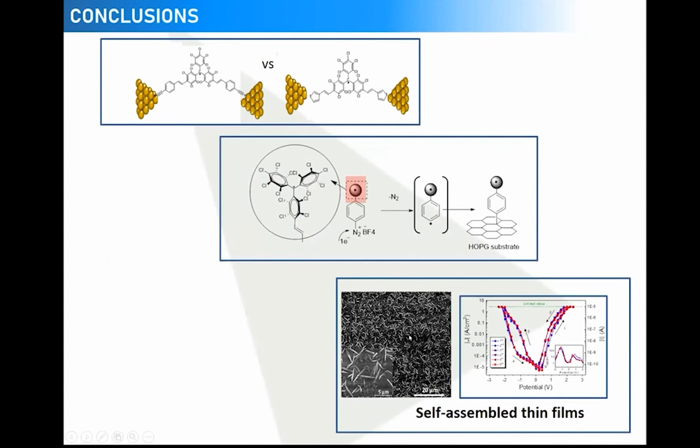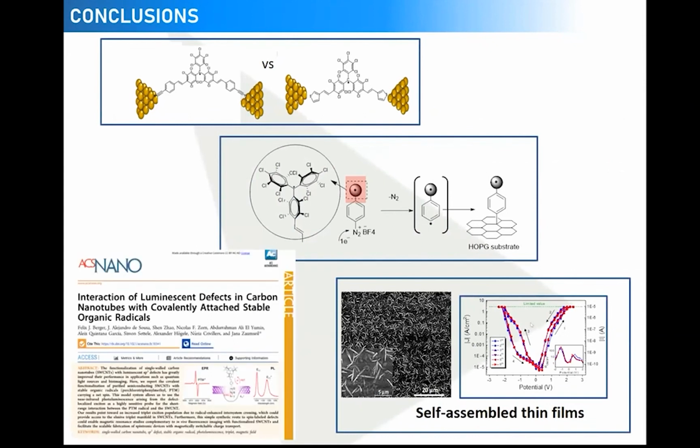Very recently, thanks to this nice way of functionalizing carbon, which is very stable and very efficient, in collaboration with Jana Samswell, we just reported the functionalization of carbon nanotubes. And we investigated the interaction of their luminescent effects with these carbon radicals.